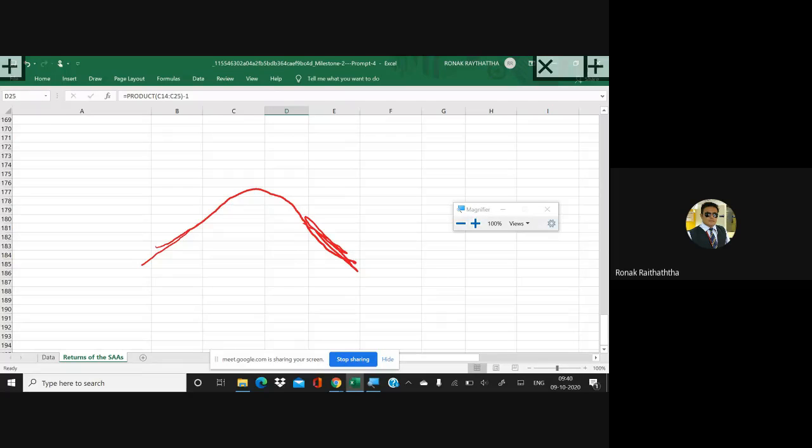That's how it would be. Say there are marks of financial analytics out of 100, and the average is coming at, say, 60. So the majority of the students will be falling nearby the average.